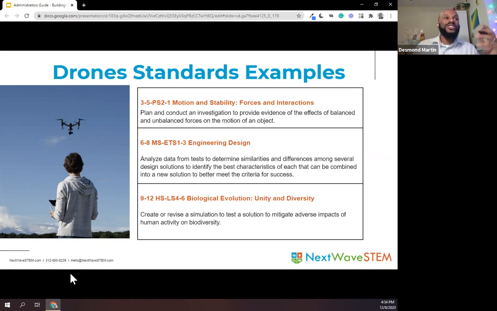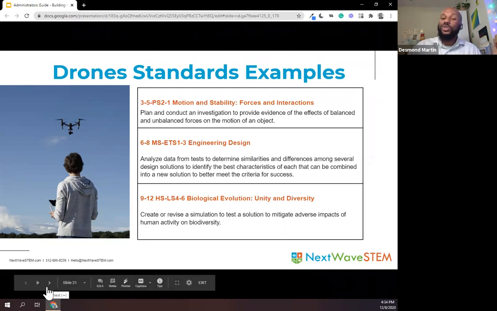And then when we get to the high school level, where we're engaging with our life sciences a little bit more, where we are creating or revising simulations to think about the impacts of human activity on biodiversity, our drone could actually stand in as a simulation device, specifically thinking about pollinators. We have the ability to really empower our students from a bunch of different modalities and build that STEM literacy with a hands-on technology. Really, really super critical as we're evaluating and considering which curricula to use.